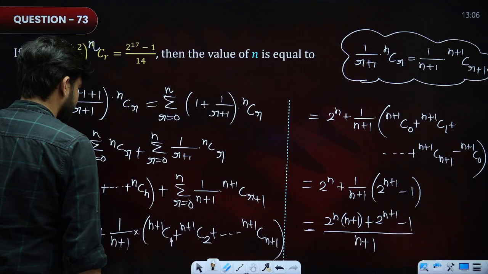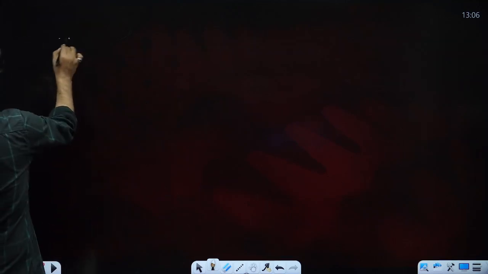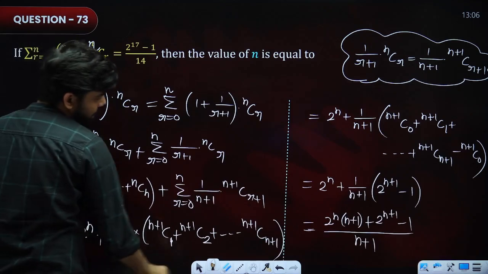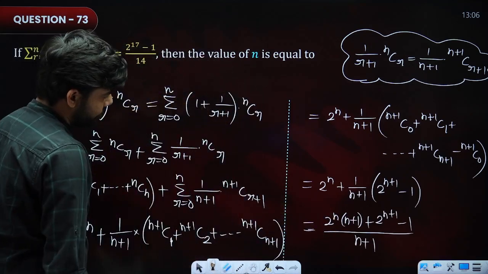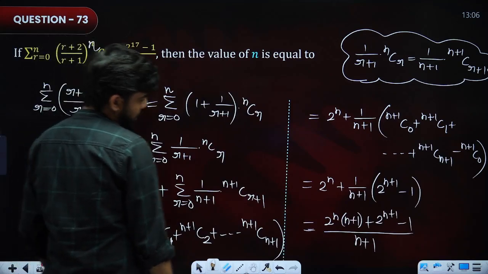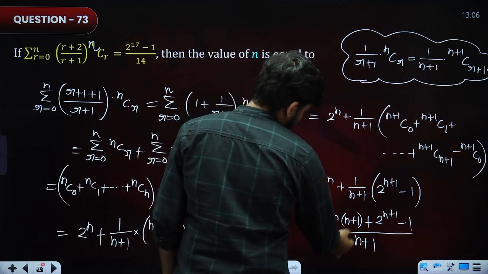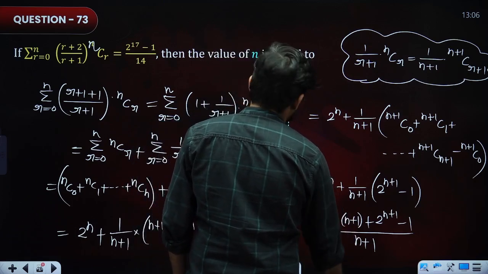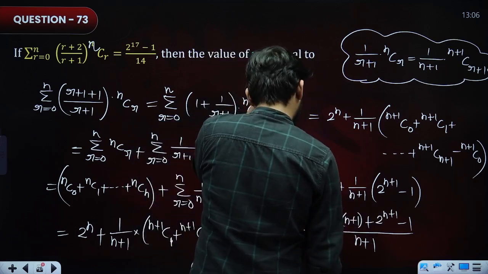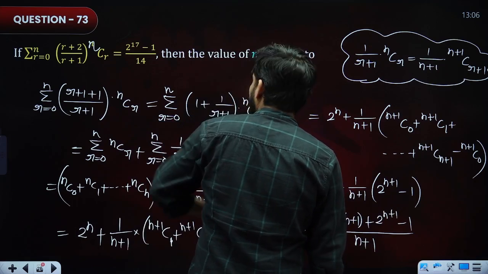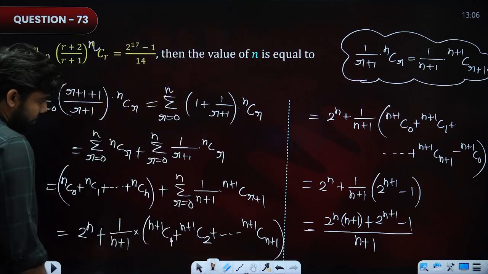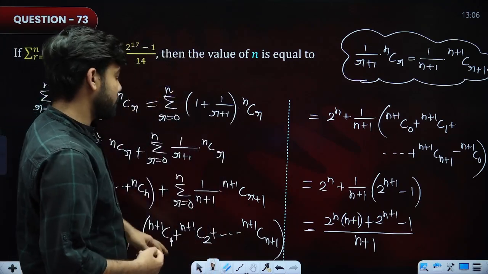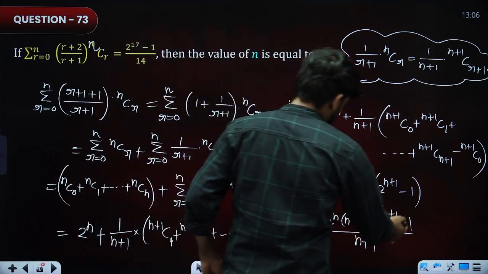So for that case, we will get the value. Here we have n into 2 raised to n, this is (n plus 1), 2 raised to n plus 1 and minus 1. Did I forget something? Here we have 2 raised to n plus 1 and we have minus 1.